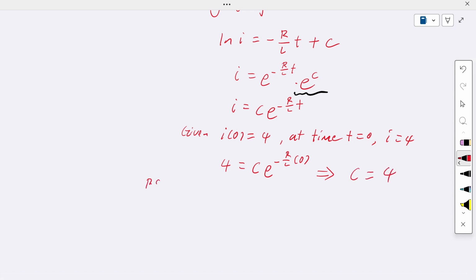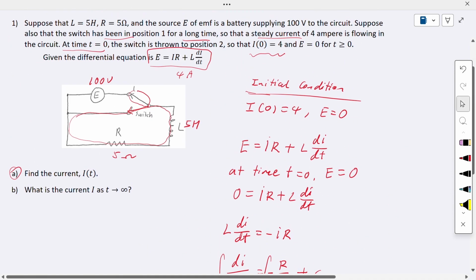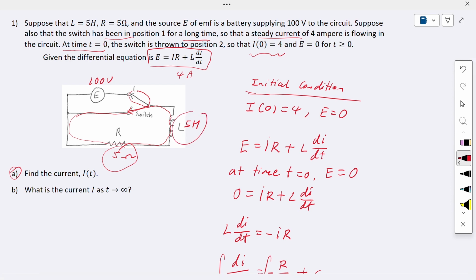So we get our particular solution, which is the current I as a function of t is equal to 4 exponential minus R over L of t. Now, what are R and L here? We substitute the values that we have: R is 5 ohm and L is 5 Henry.